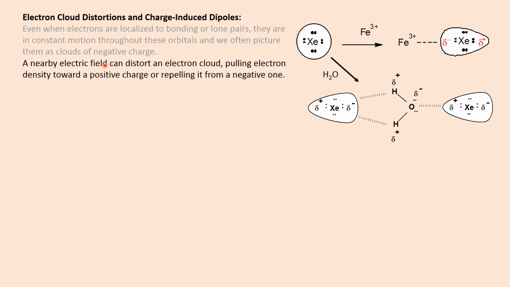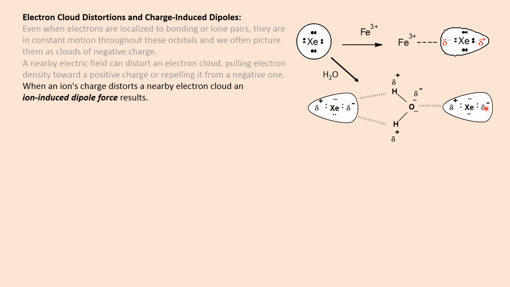Now, a nearby electric field can distort an electron cloud, pulling, in this case, electron density towards a positive charge, and again here, pulling electron density towards a positive charge, or repelling electron density away from a negative charge.